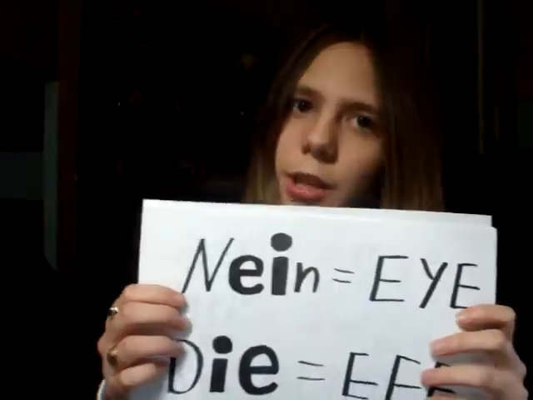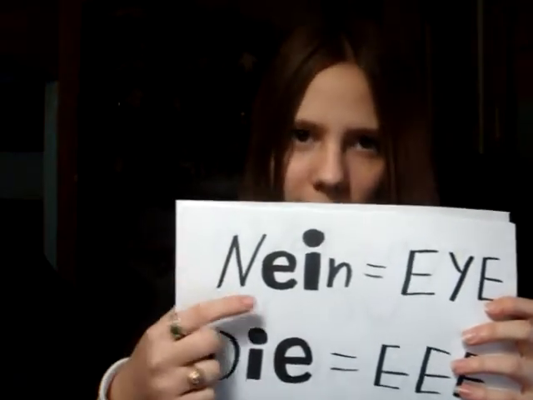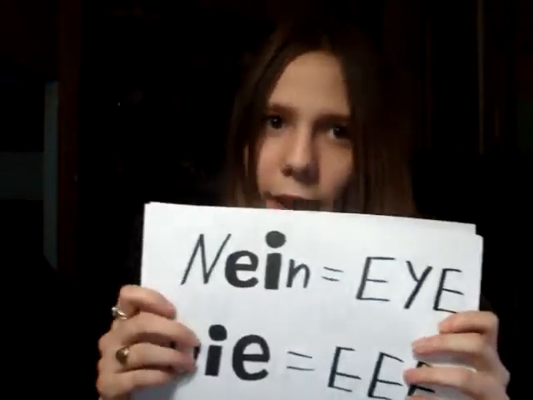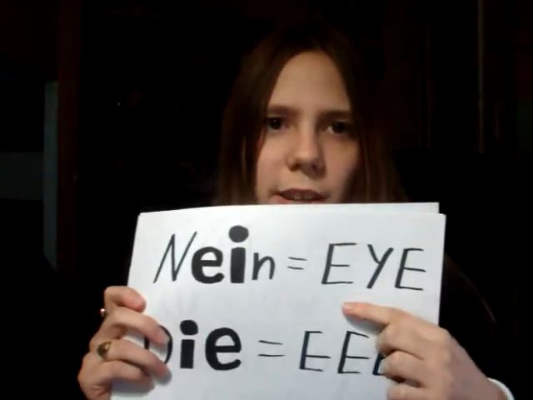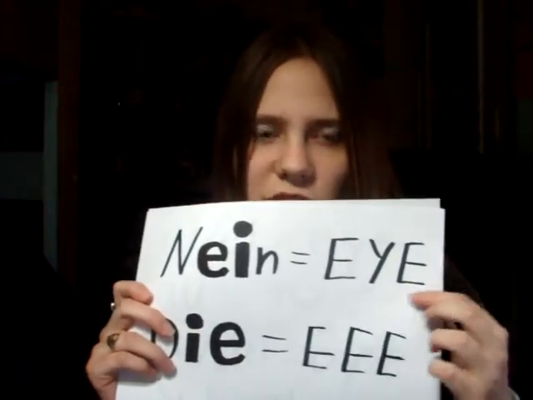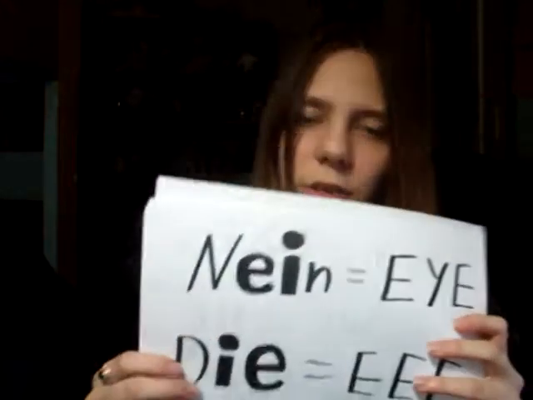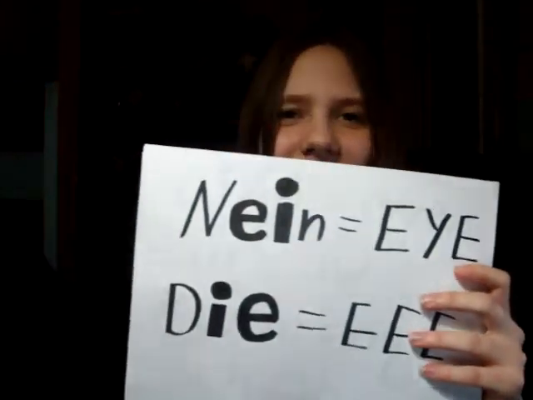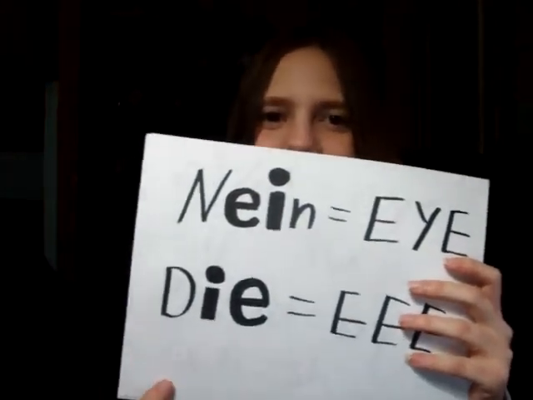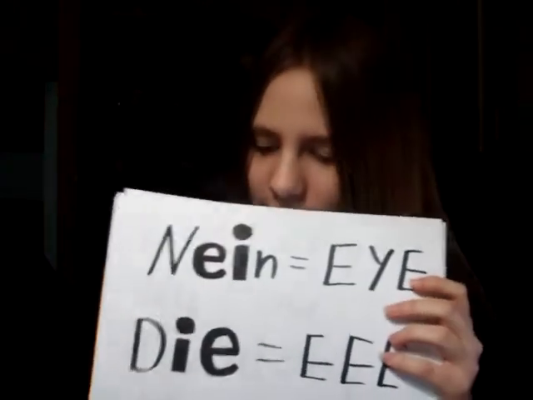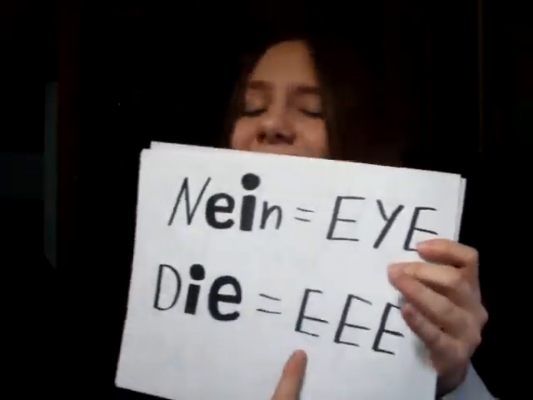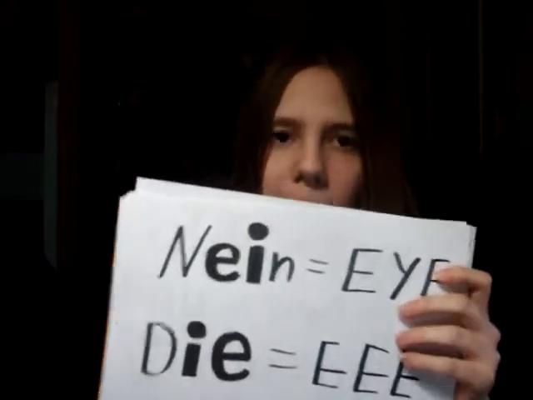As you see here, the German word for no, nein, it has EI. Whenever you have EI next to each other, it sounds like the English word I. Whenever you have IE next to each other, this looks like it says die, but it really doesn't. It's pronounced dee. So whenever it's IE, it's pronounced like an E. So yeah, that's helpful.